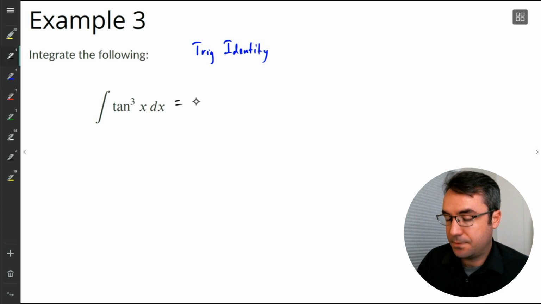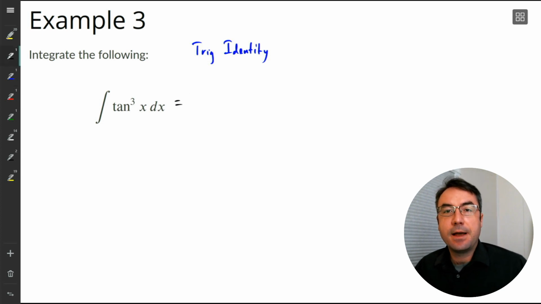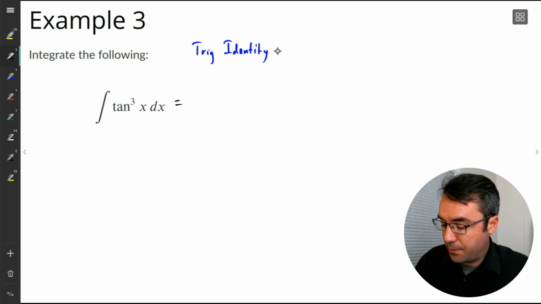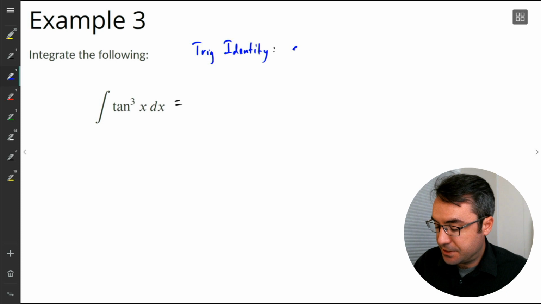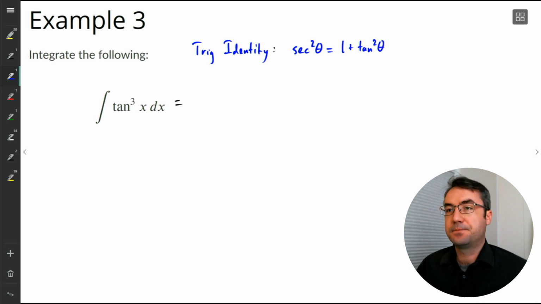We're going to use our trig identity, and let's write it down before we get there. We know our trig identity is secant squared theta equals 1 plus tangent squared theta, and it has a power of tangent squared.